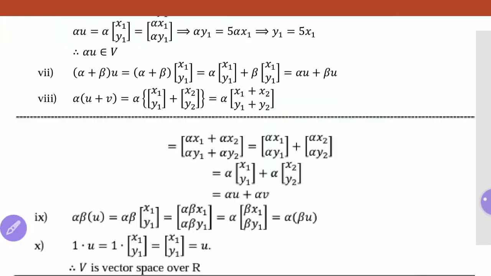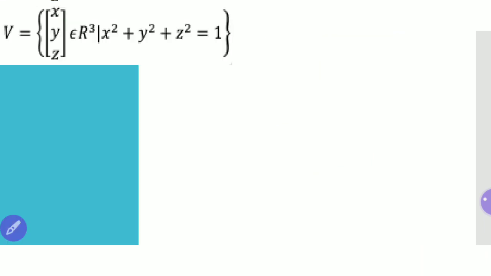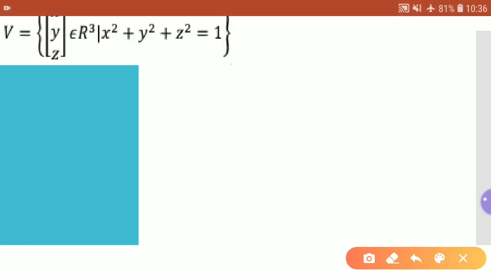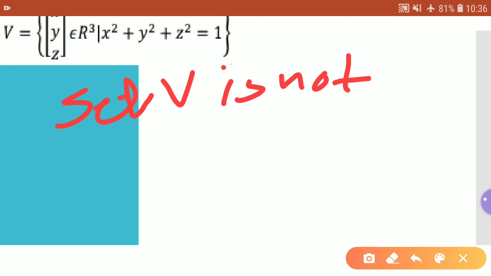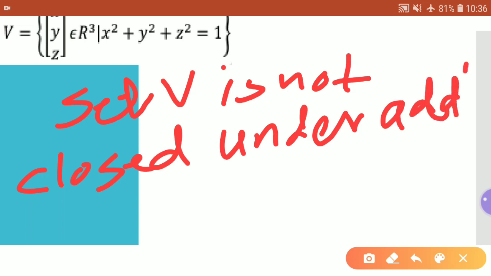Set V is not closed under addition. So the very first property of the vector space definition is not satisfied, that is, the set is not closed under addition.